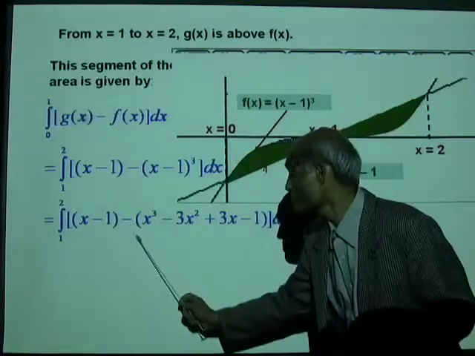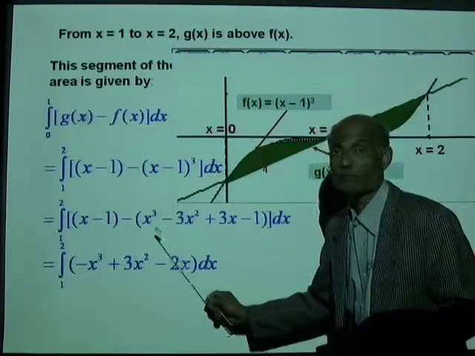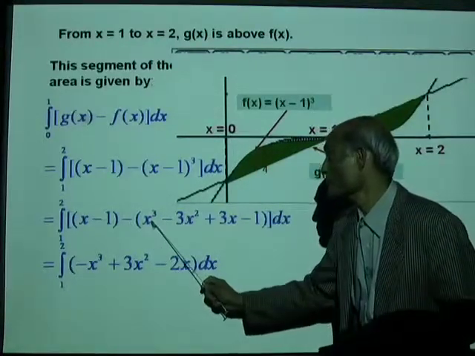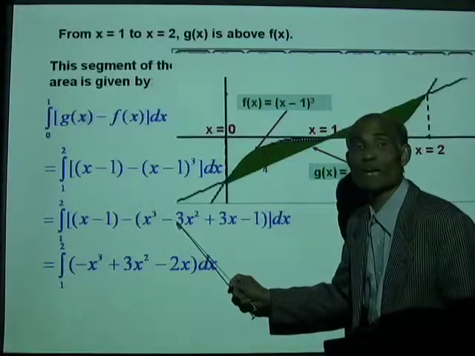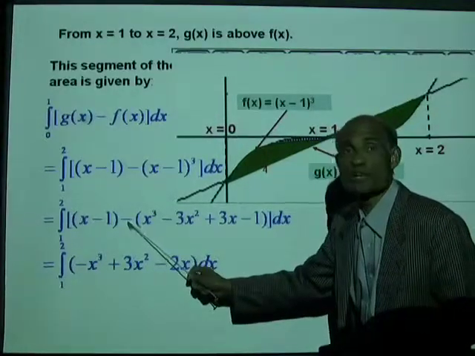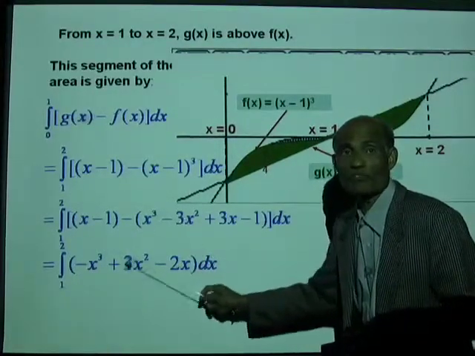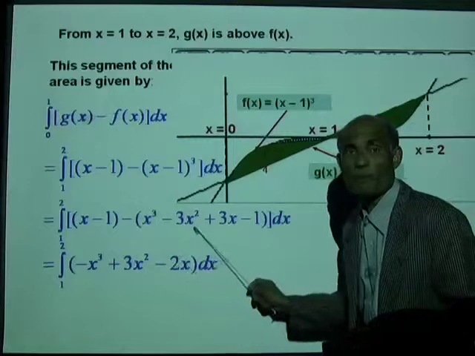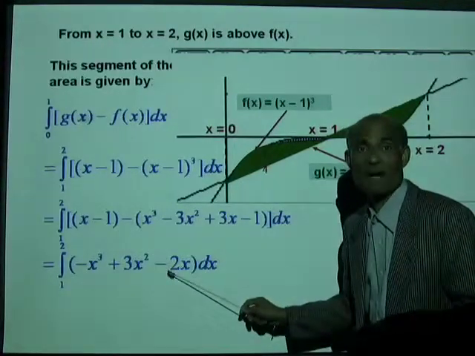And now distribute that negative sign and simplify. That will be negative x cubed plus 3x squared. Watch this again. Distribute that negative. Negative x cubed plus 3x squared minus 3x plus x is minus 2x.